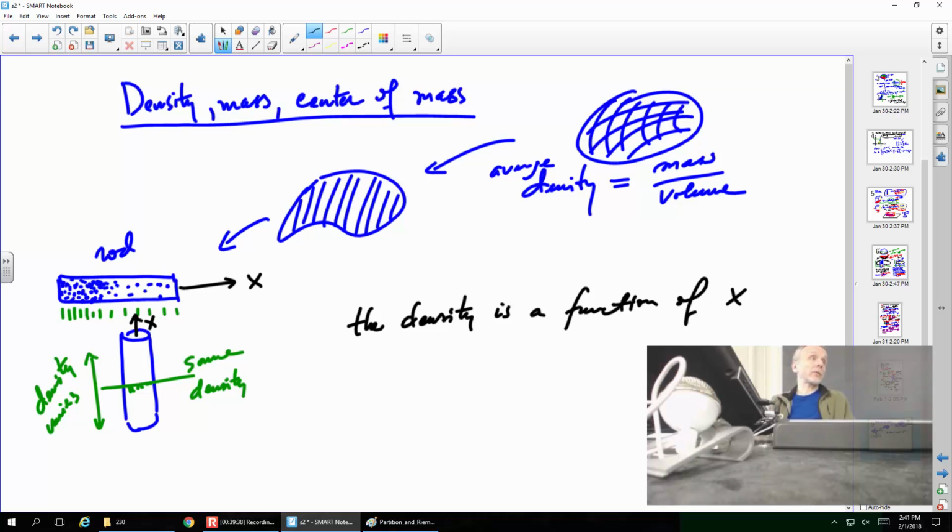The rest I can ignore. I only care about where it varies. So it could be y equals f of x once again. The density as it varies from point to point might be increasing, decreasing, and any kind of function you can think of could justifiably model some kind of density.